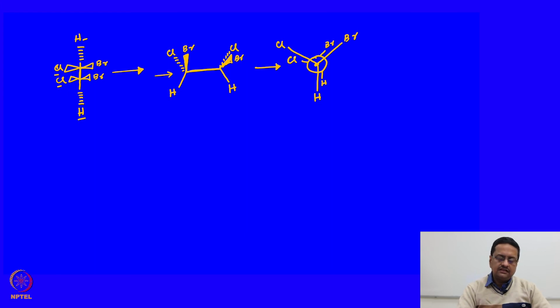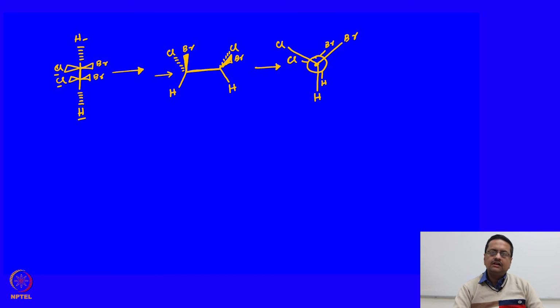So, in today's class, we have learned how to convert from one particular projection to another using simple drawing tools. This drawing will be very useful for you to understand the stereochemistry of different organic reactions.